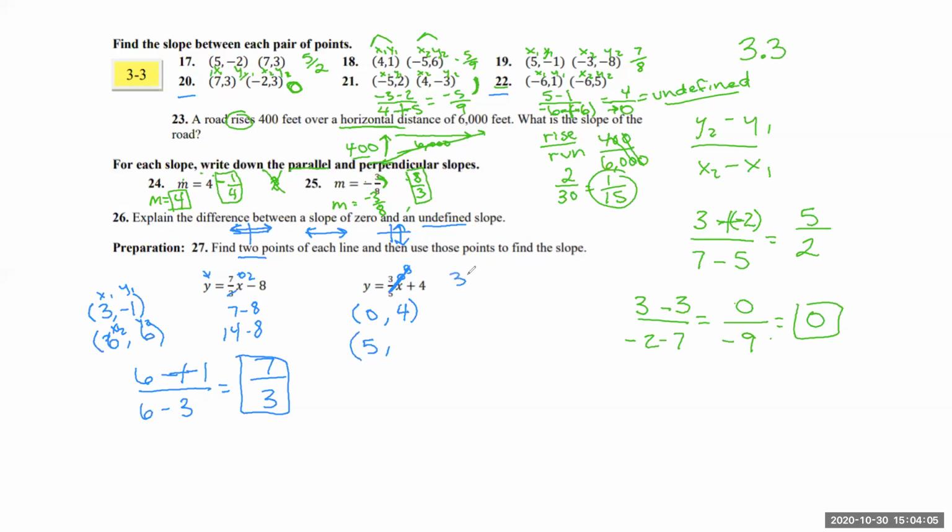So then we're going to have 3 plus 4, which is just going to equal 7. Okay, and then using the same thing that we have been using, the slope formula, we're just going to do 7 minus 4. And then we're going to do 5 minus 0. Okay, so then this is going to give us 3/5. And there's our slope for this line.